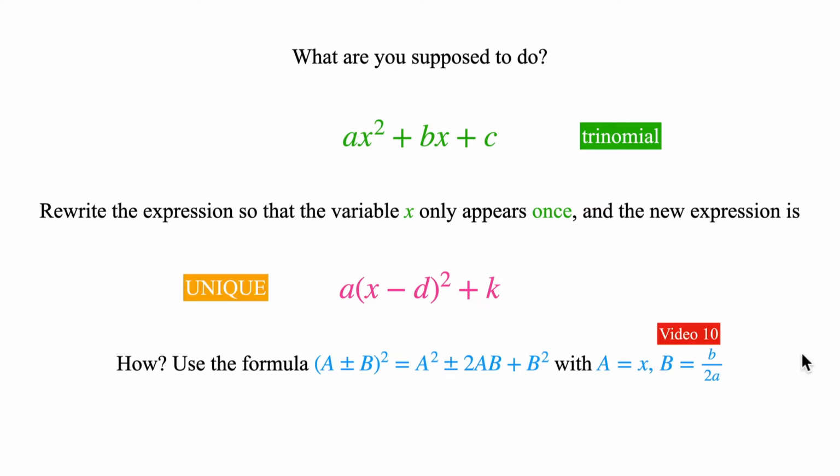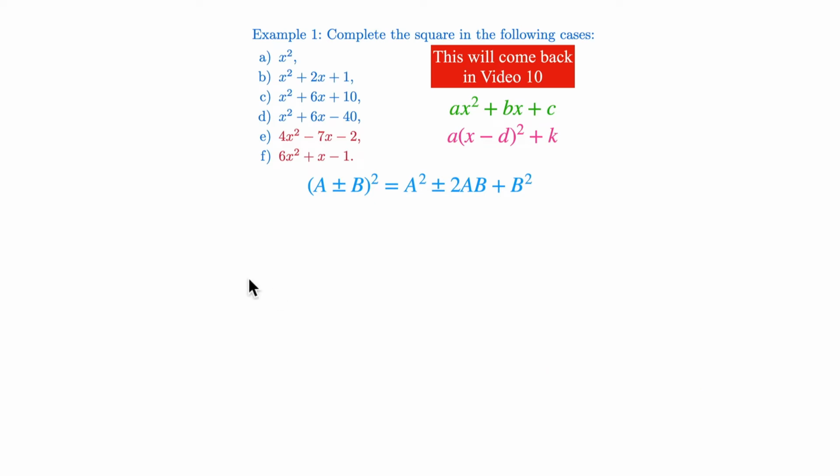By now, don't worry about these two. This will be explained thoroughly in video number 10. And by the way, this way of completing the square is unique, so you can do this in exactly one way.